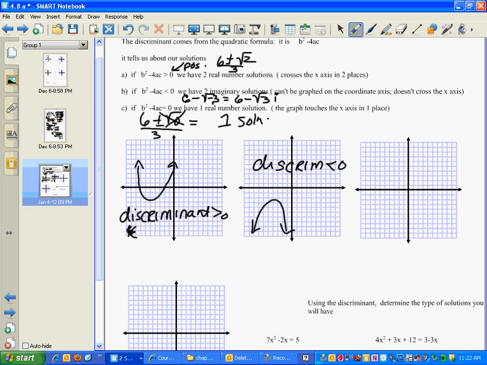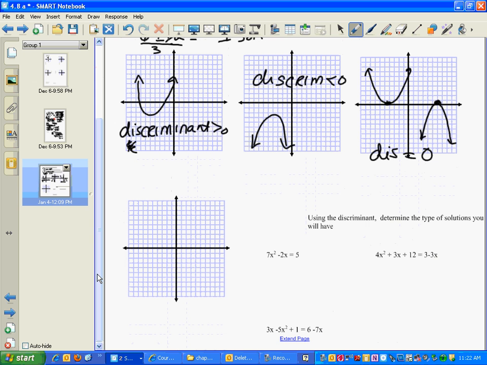Okay? If it does this, or even this, what is my discriminant? 0. The discriminant equals 0 because I get only one real number. Only one real number. And the only way to get one real number is in this case. Are you following this? Okay. Michelle, what was your question?